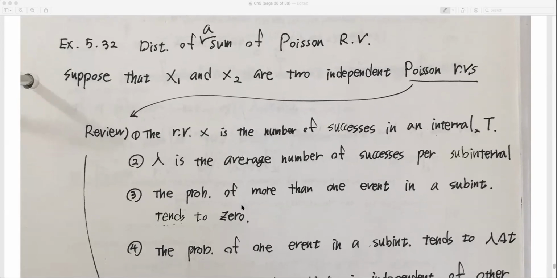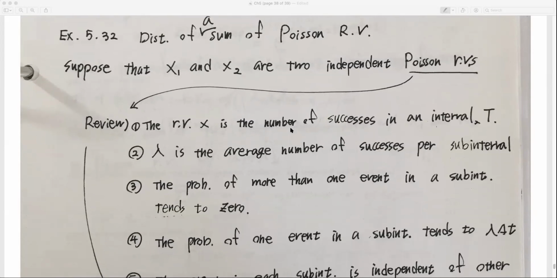In the Poisson distribution, the random variable X is the number of successes in an interval t, a certain time interval or certain finite interval. We want to figure out the probability of the number of successes.